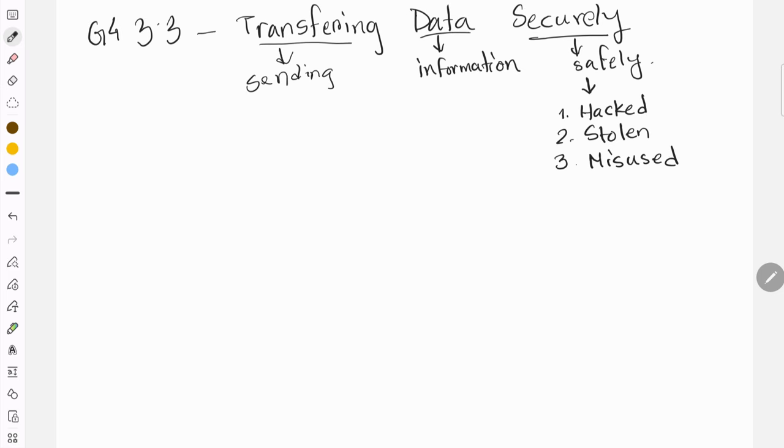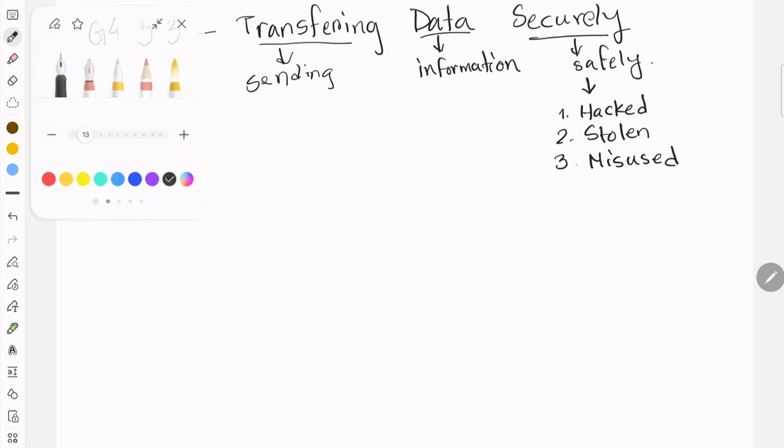So to avoid this situation, we need to figure out a system where our data will be safe.